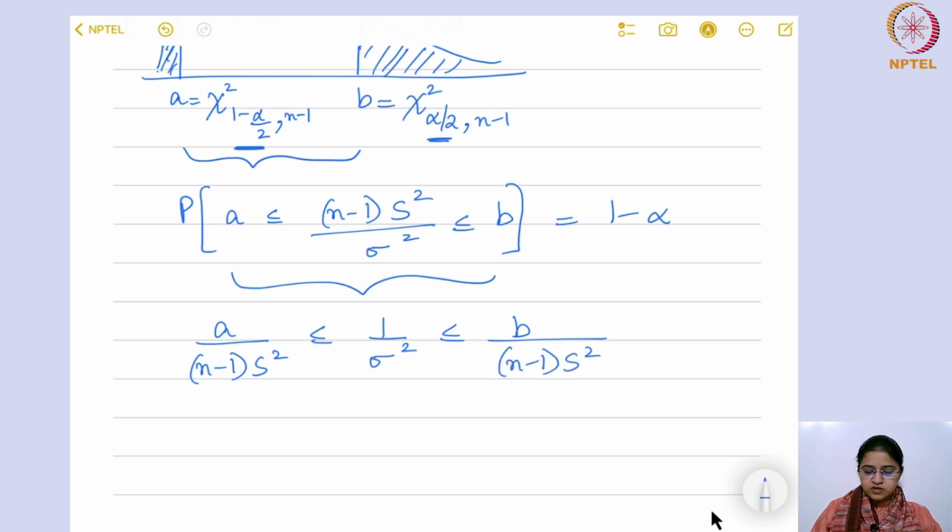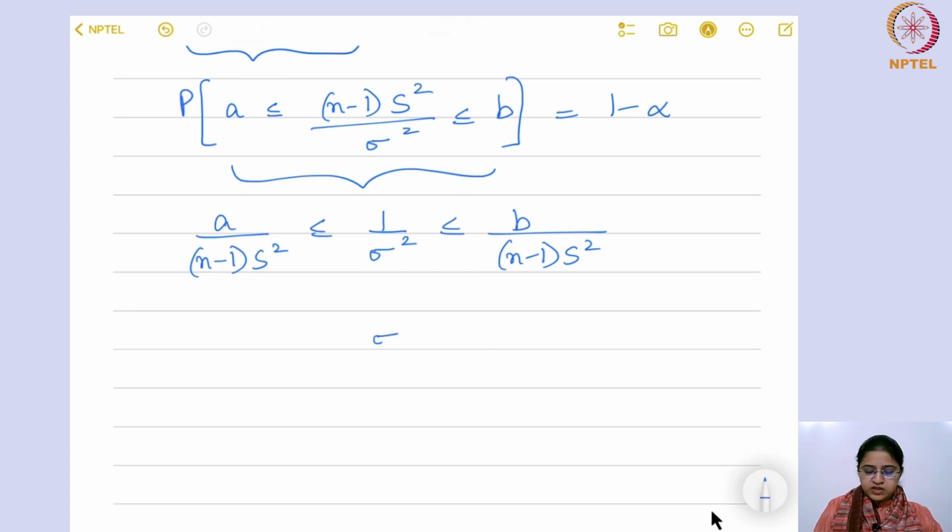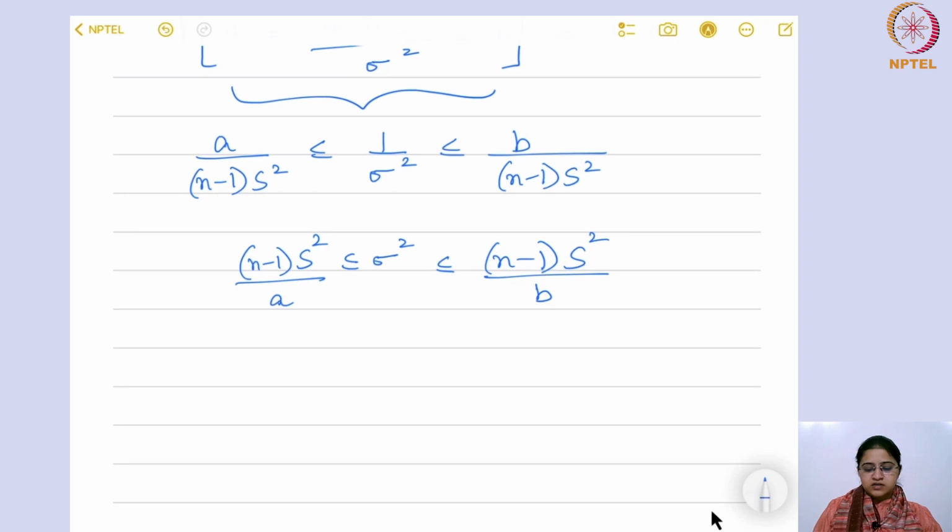So this gives us that sigma square lies between n-1 s square over B and n-1 s square over A, the sample variance times n-1 divided by A. So your interval basically is these two endpoints.